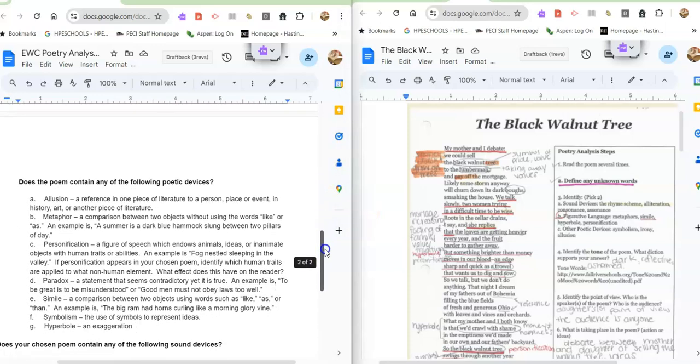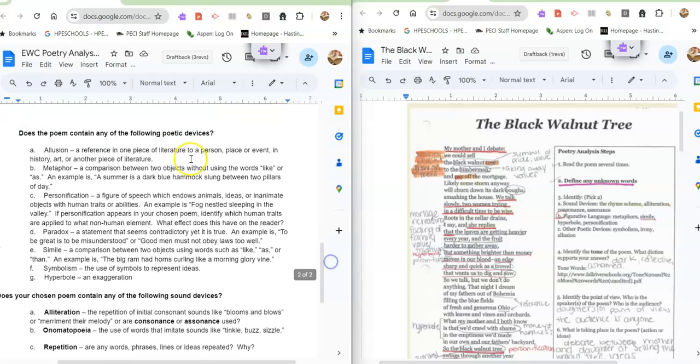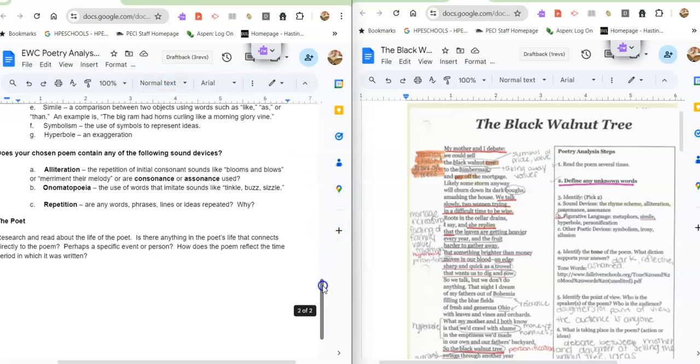And some of them are listed down here. All of these are resources that you can use. I'm going to go through and see if I can find an allusion, which is a reference, or I'm going to find a metaphor, which, this tree, hint, hint, is a metaphor in this particular poem. There are similes that use like or as. Why are those included? What are they representing? So looking for all of those, and then some of the sound devices.